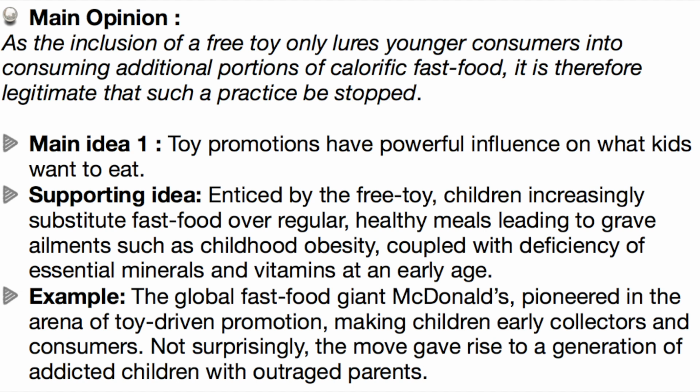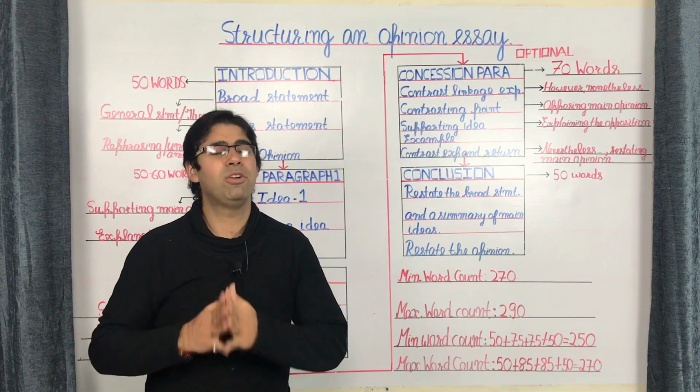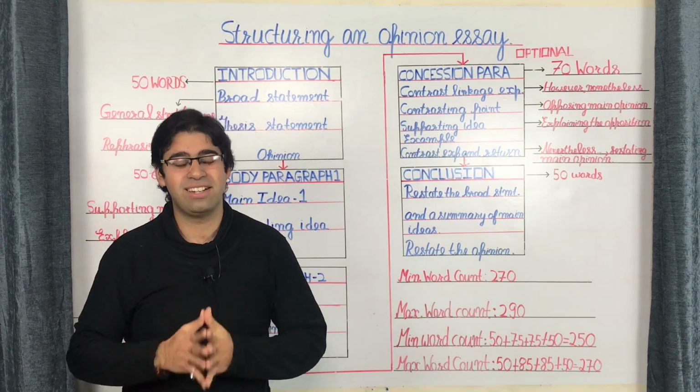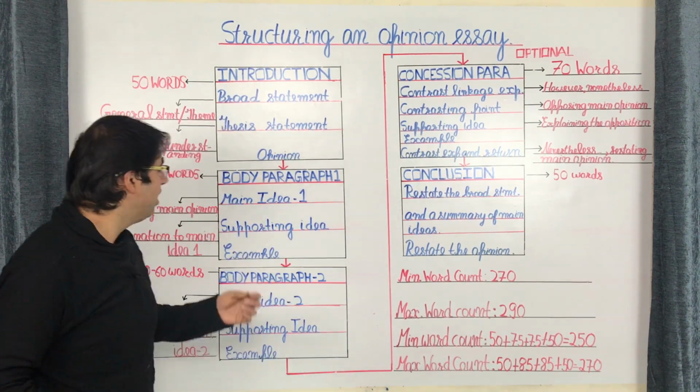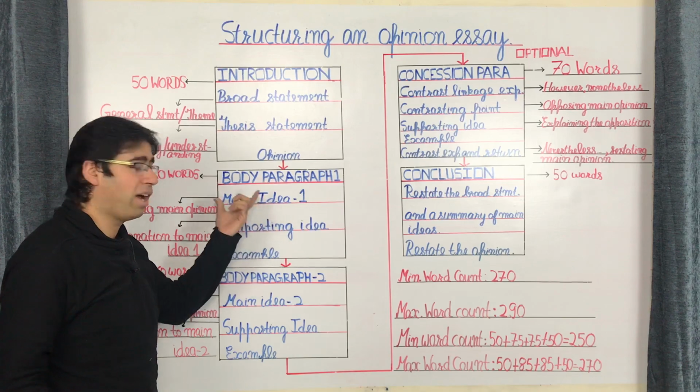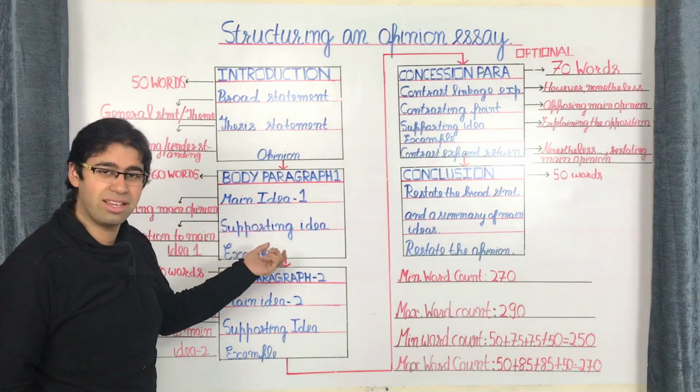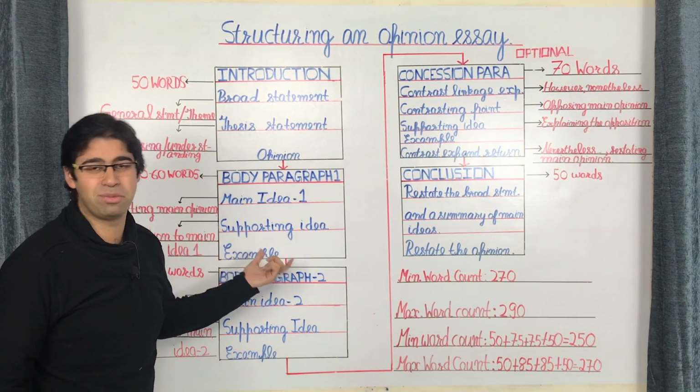And this explains main idea 1. So if you look at it from top to bottom, you will discern a 3-tier structure, which is that the opinion is explained by the main idea, and the main idea in turn is explained by the supporting idea.